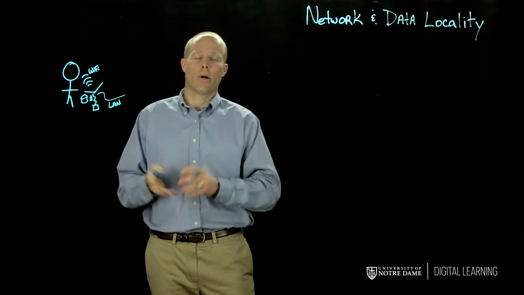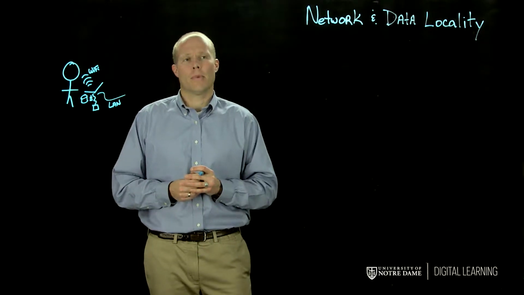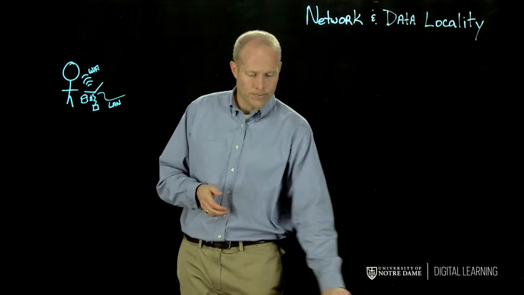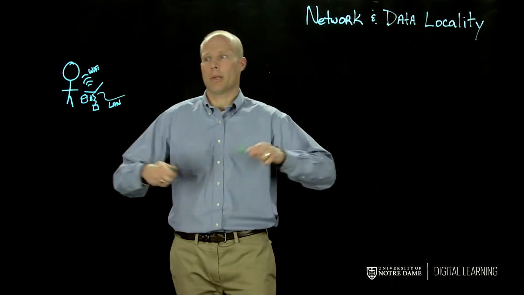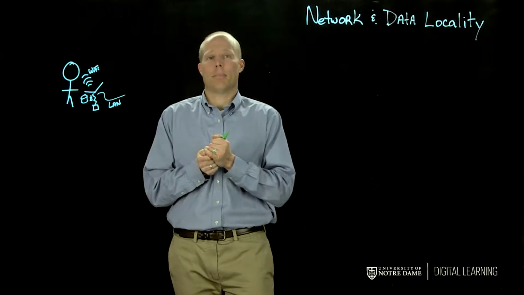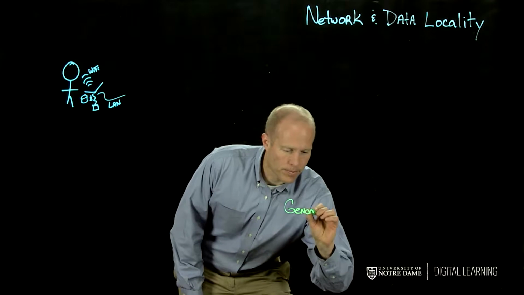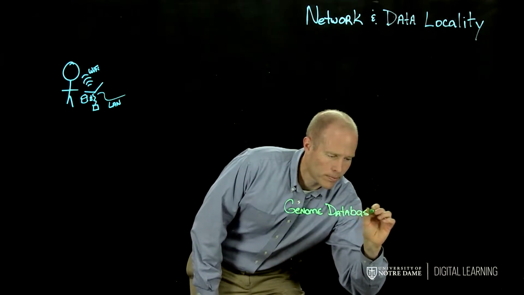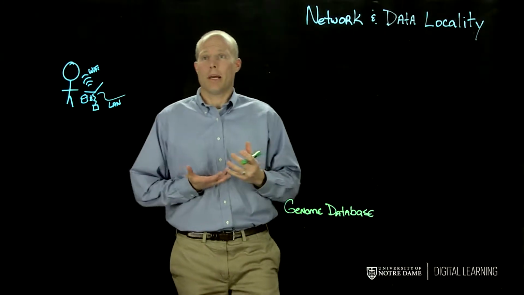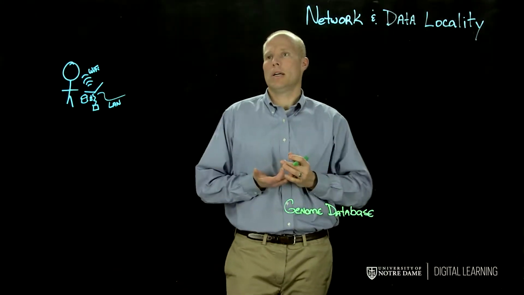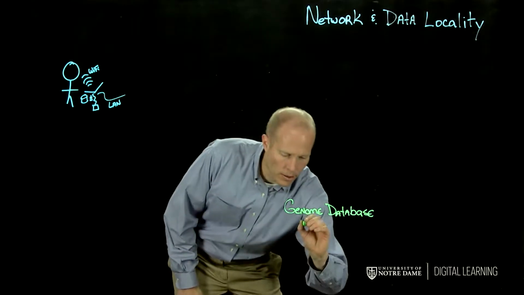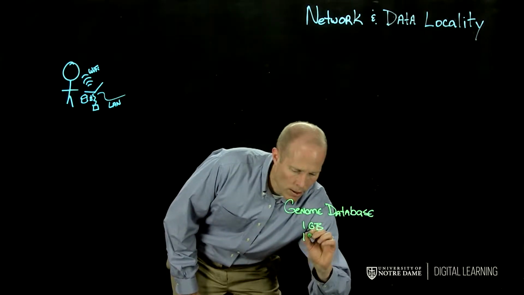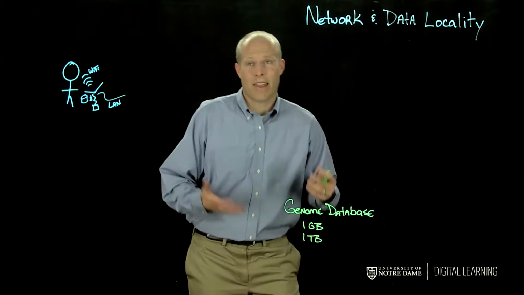But now we're going to go into a larger distributed system. When we go into that larger distributed system, we have to think about network considerations. So what's out there that we might want to get from a distributed system? Well, first, the data may not be local to us. Think about if you wanted to go out to a genome database. That database may have a gigabyte of data you need, a terabyte of data you need, or 1,000 terabytes.